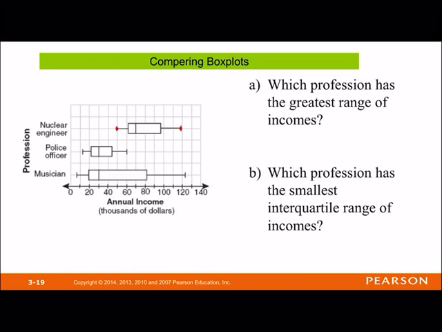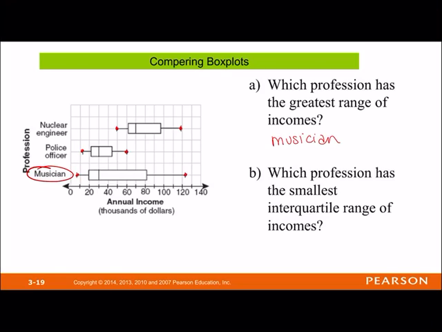But just look at the distance between the two dots for the highest and the lowest. You want the one that's the greatest range, or which would be the biggest difference, the one that has the furthest distance between the 2 points. That's with your musician down here. Those two red dots are your furthest apart. So musician.